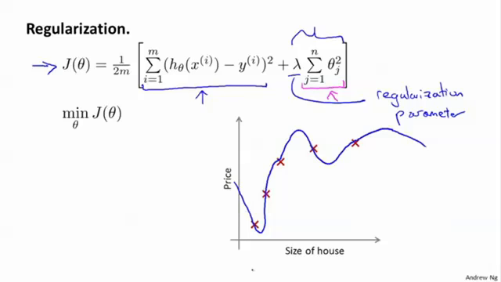If you still fit a high order polynomial with all the polynomial features in there, but make sure to use this regularized objective, then what you can get is a curve that isn't quite a quadratic function, but is much smoother and much simpler, maybe a curve like the magenta line that gives a much better hypothesis for this data. Once again, I realize it can be a bit difficult to see why shrinking the parameters can have this effect, but if you implement this algorithm yourself with regularization, you will be able to see this effect firsthand.